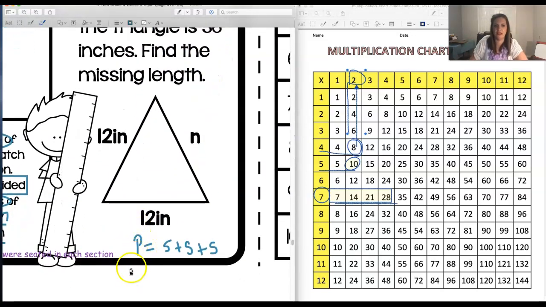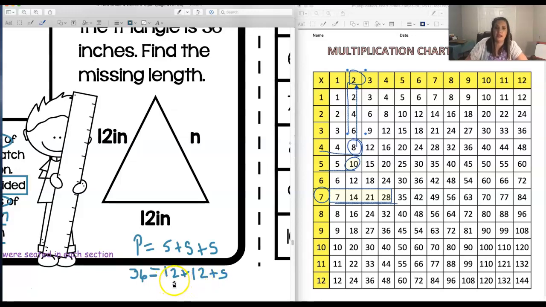So instead of P, I can go ahead and write the number 36. And I can write the sides that I do know. I know that 2 of the sides, because they're equal, are 12 inches and 12 inches. And that leaves me 1 side that I don't know.